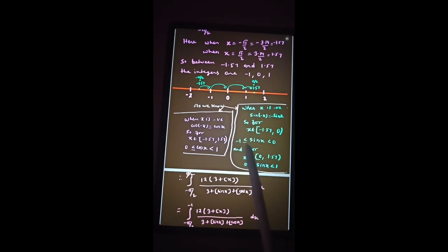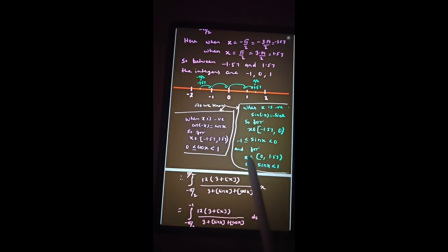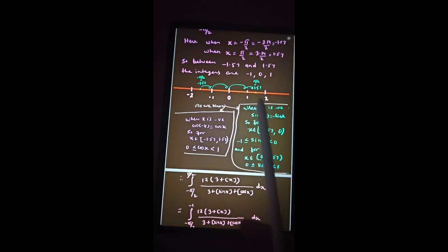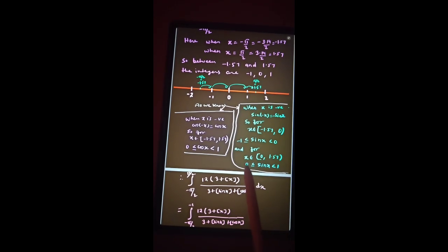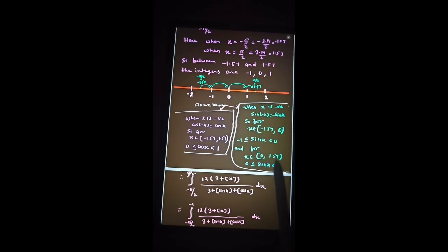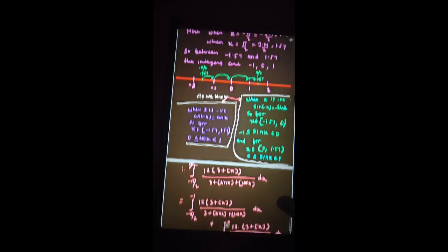So minus 1 less than or equal to sin x less than 0 for this interval. Similarly, for the interval x belongs to 0 to 1.57, the sin x value will be 0 to 1, meaning 0 less than or equal to sin x less than 1. And this information will be helpful in finding this integration.